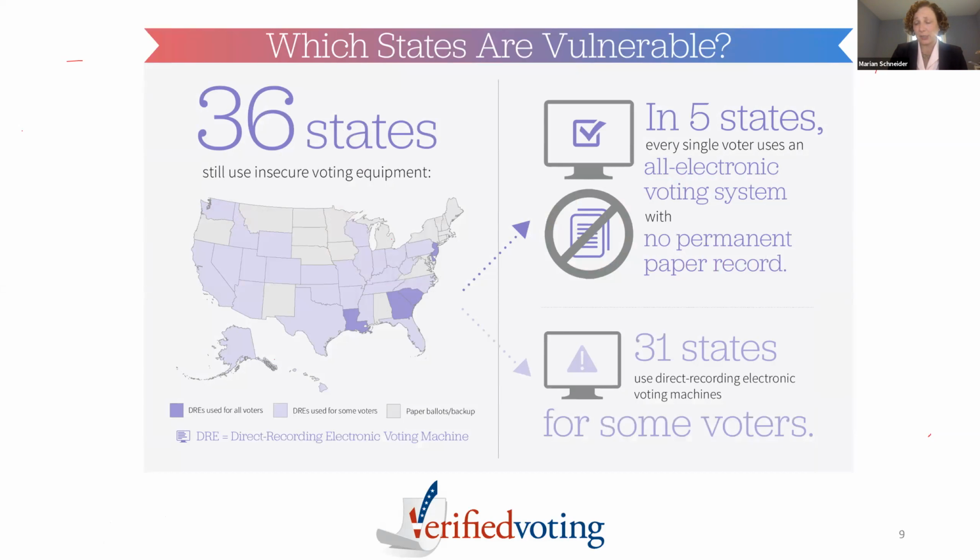There are 36 states still using direct recording electronic voting equipment that has a set of risks and vulnerabilities because the voters' choices are directly recorded onto the computer. Now, some of them may have a paper record, but many do not. Five states have 100% of the voters using these systems. And the takeaway here is, yes, it's a risk. It's not a certainty. You can't get the risk down to zero, but if something happens, it will be very hard to detect, and it will be impossible to recover from it.